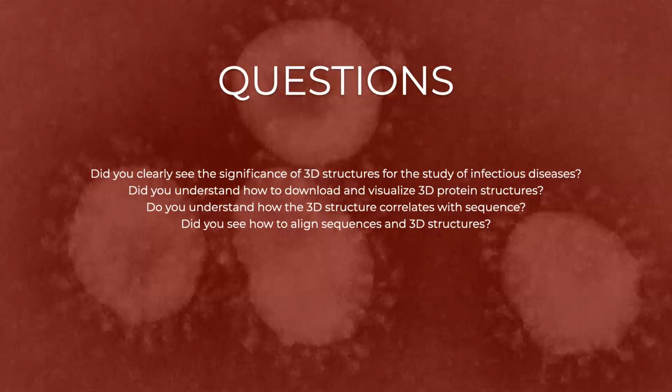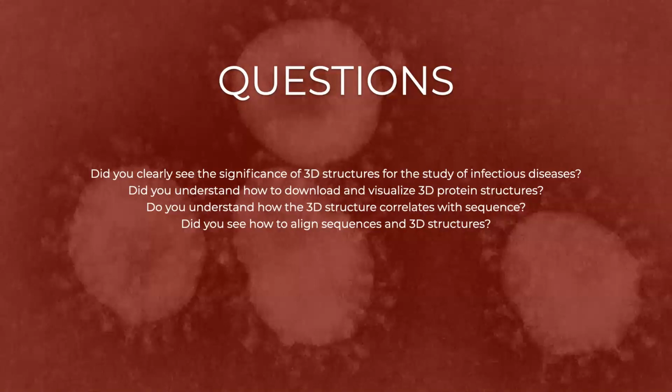Okay, so now let's talk about some of the questions. I put up here some of the questions that can help us think about these things to make sure that everybody's on the same page. So did you have a chance to clearly see the significance of 3D structures for the study of infectious diseases? Did you understand how to download and visualize these 3D protein structures and how to work with them?